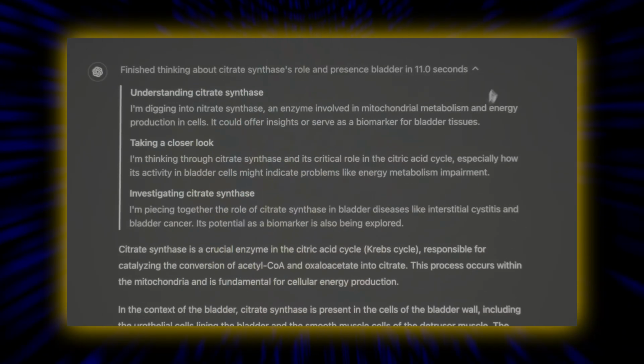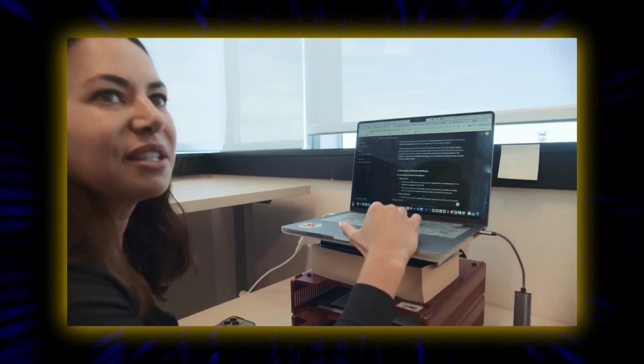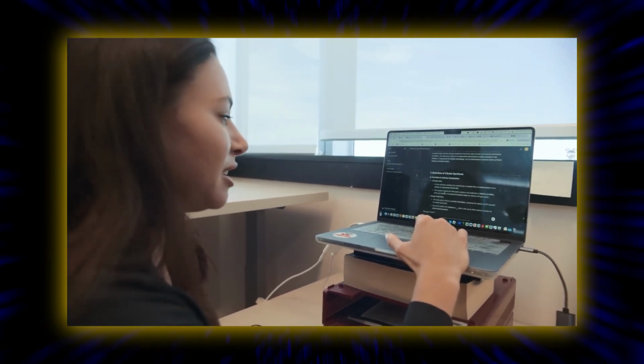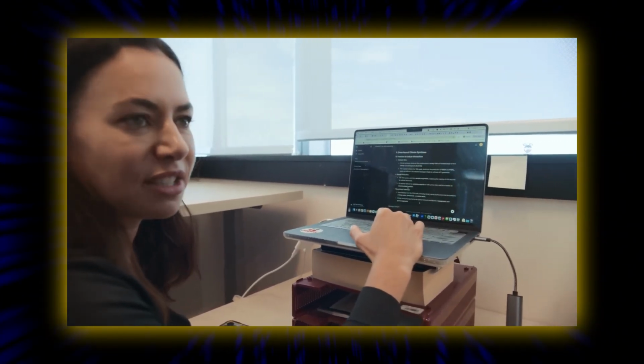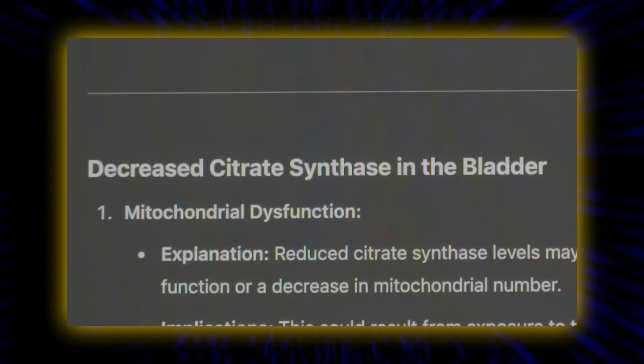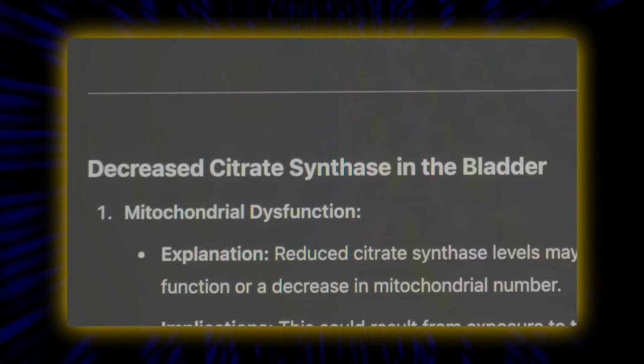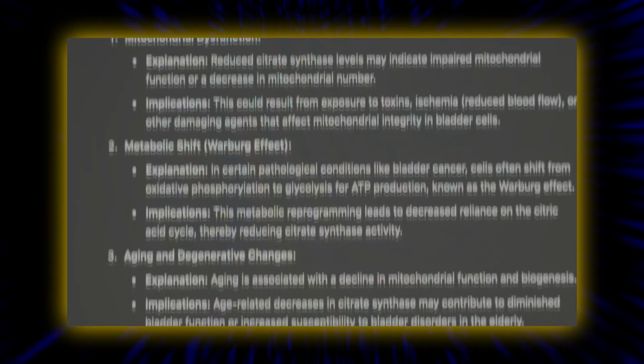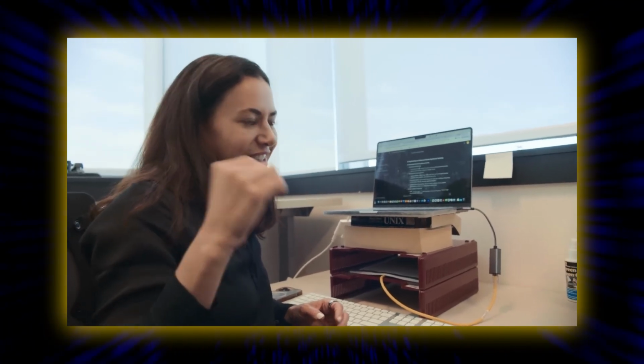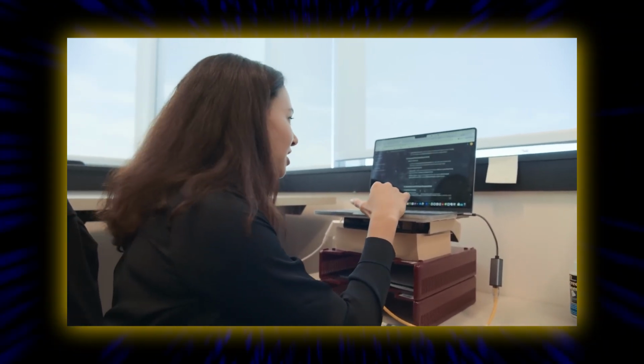And it tells me that it is expressed in the bladder and it could potentially be related to bladder health. So the decreased citrate synthase activity, oh, this is really smart, because I don't know from this variant if it's knocking down activity or causing too much activity. It's actually really hard to figure that out sometimes. And so it gives both options. So I can think about both ways that it could be going.